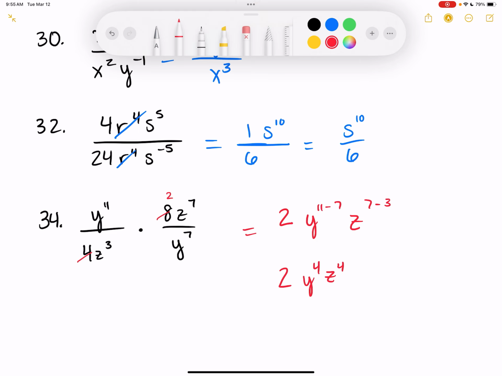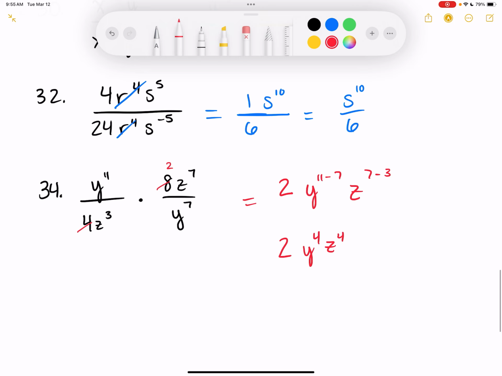You have an answer? I have an answer, but I'm not sure it's right. Just say it anyways. Y to the 4th z to the 5th. Okay, is that what everyone has? What do you have? I'm wrong. I got y to the 18 plus 2z to the 10. Anyone else have a different answer?